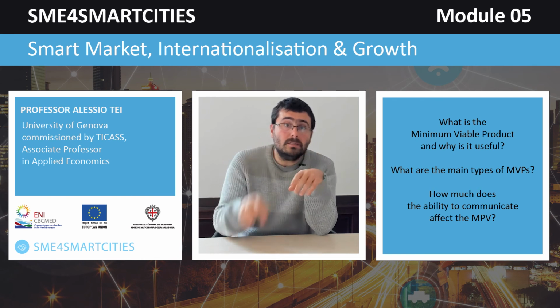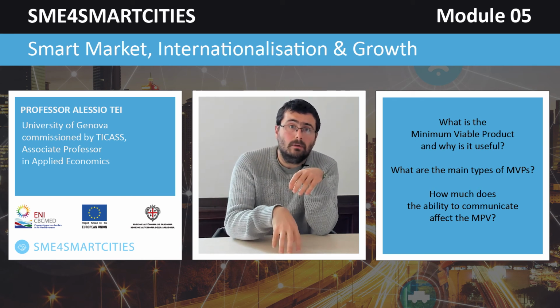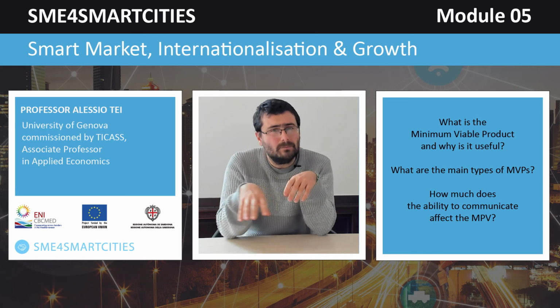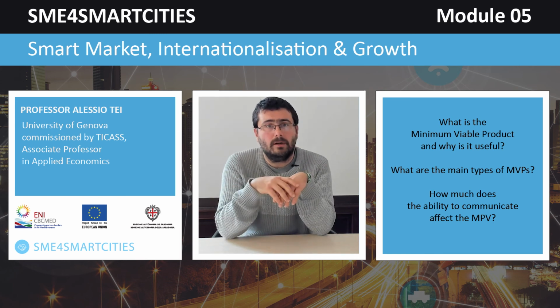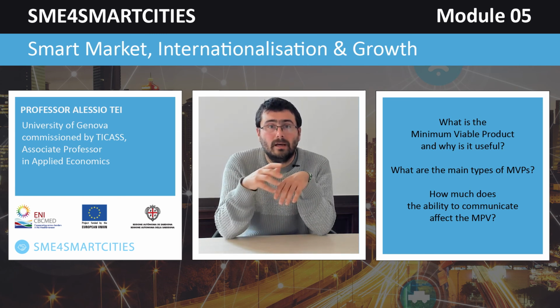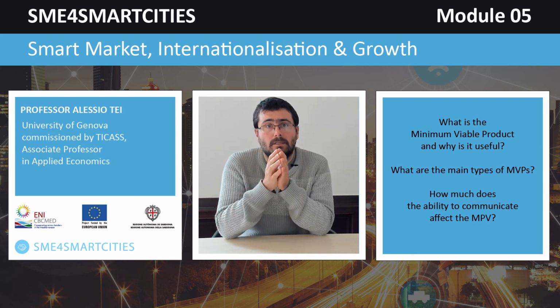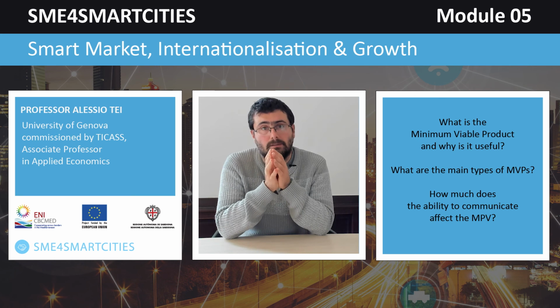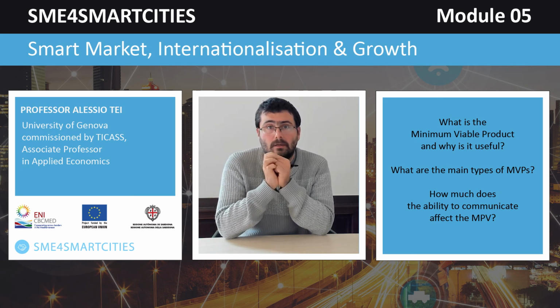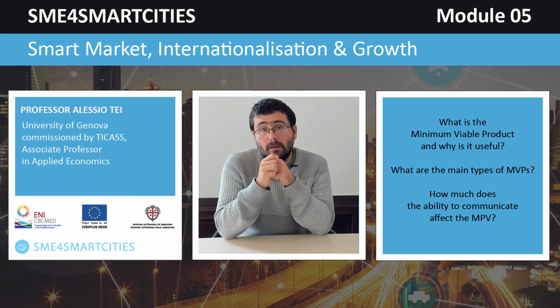Checking what is feasible, what is viable for one region and might not be viable for another. Certain innovations can be successful in some contexts, but might not be in others. And that is what the minimum viable product is about.